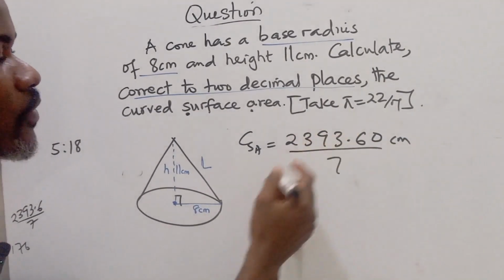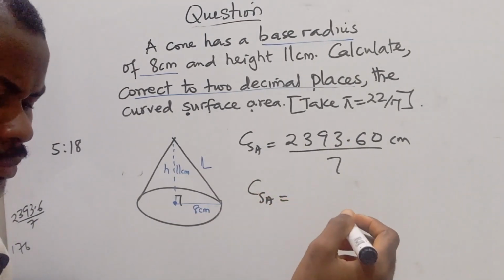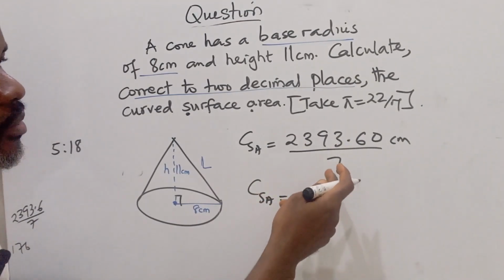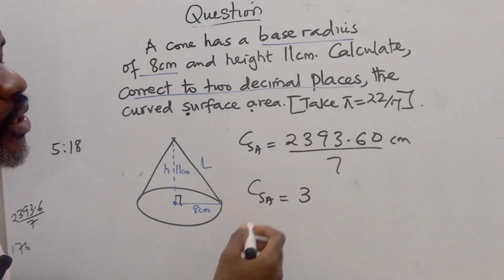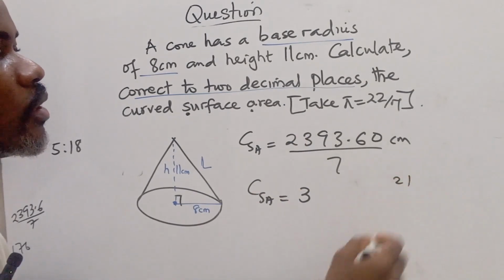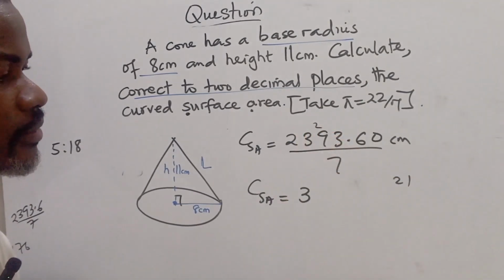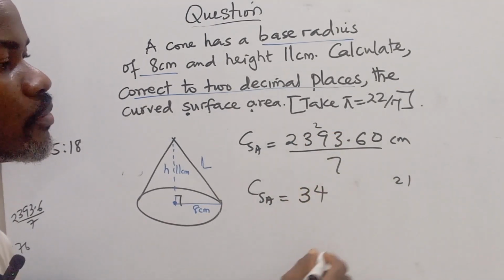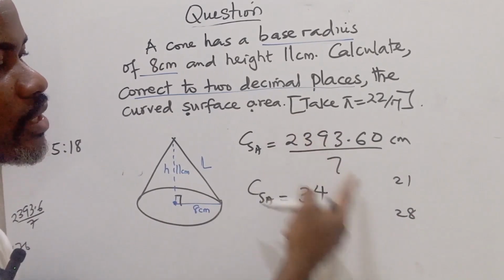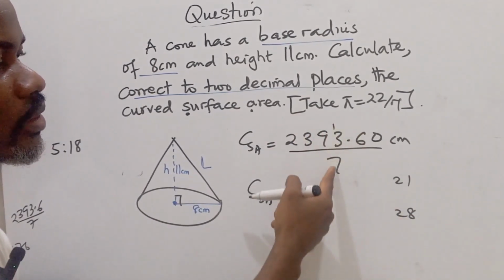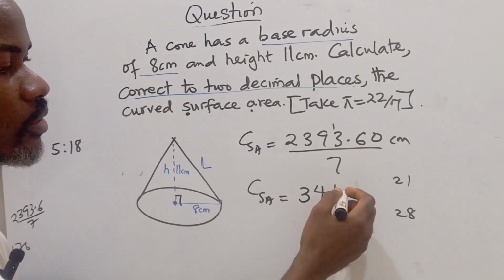If we solve this further, 7 into this is 3 times, which is 21. Subtracting, this is 2, so 7 will go into 29 four times, which is 28. If we subtract 28 from 29, we have 1. So 7 into 13 is 1 time, so point.